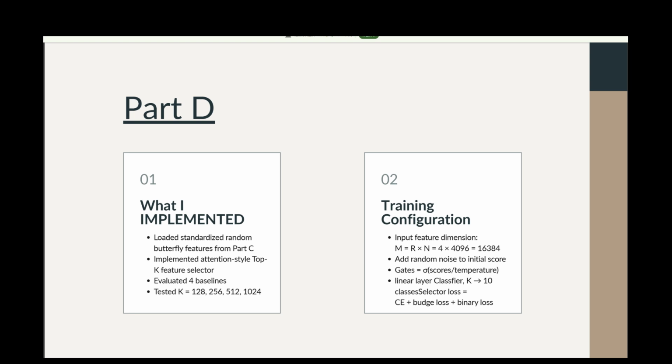I evaluated baseline raw pixels, all random butterfly features, a random subset, and the attention selected subset. For the selected feature experiment, I tested k equals 128, 256, 512, and 1024.